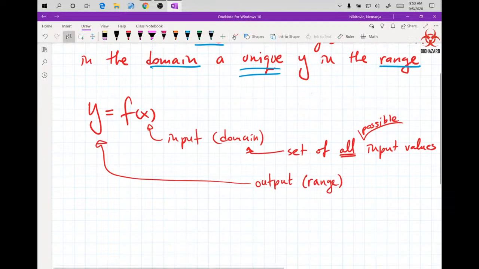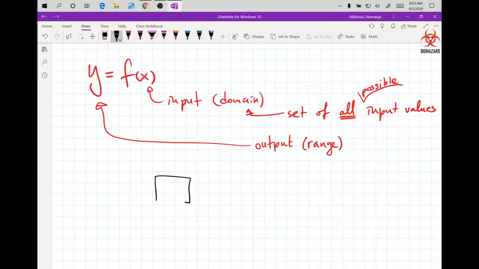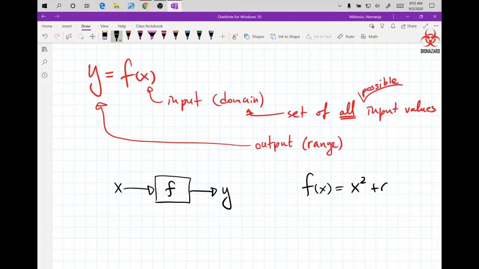So you can also have a diagram for this. This is x coming in, the function operates on it, and the y comes out. So if I give an example, f of x is equal to, let's say, x squared plus 6, then f of 3 is 3 squared plus 6, which is 15.